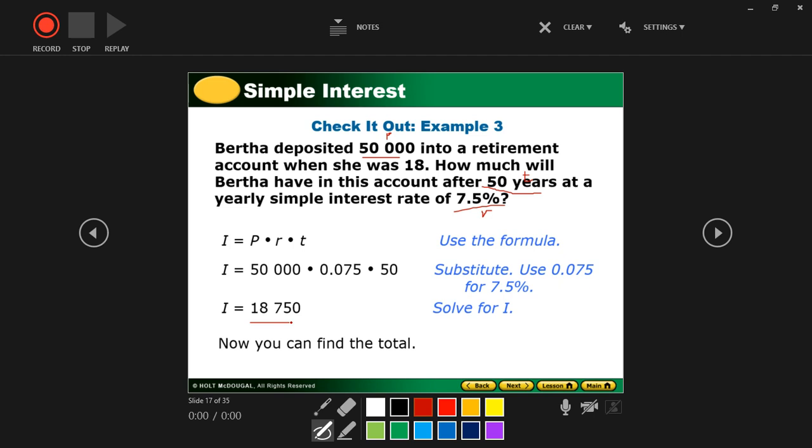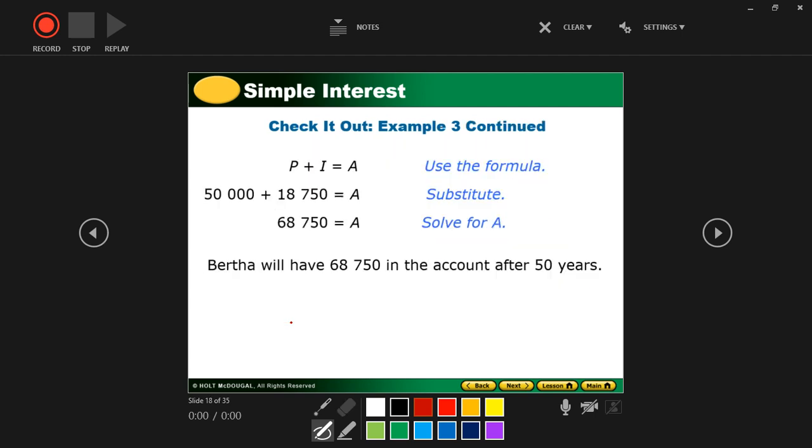So after 50 years, it earned 18,750. So how much is all her money? That is 68,750. You just add the principal amount, the money you deposited, plus the interest. So it becomes 68,750.